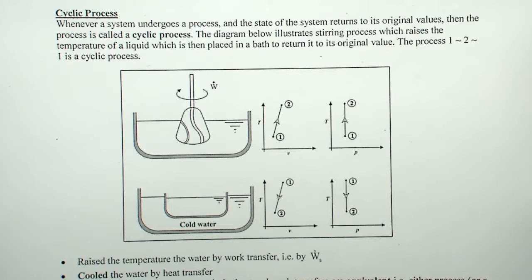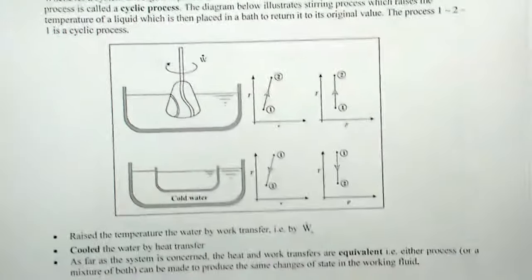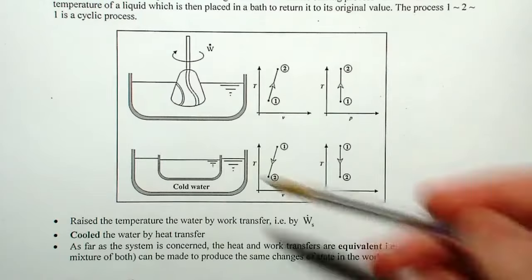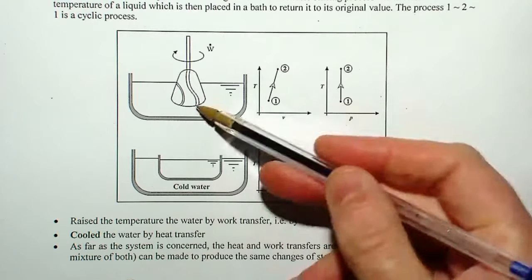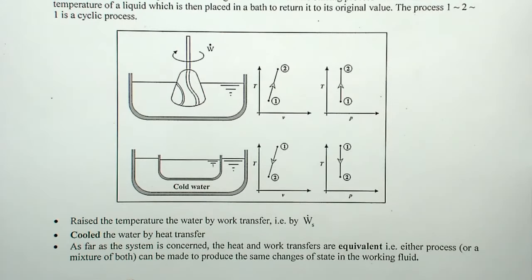But a simple idealistic cycle is like this. Let's just say we have a tank and we have a fluid, just water. And you start introducing some mechanical work in this tank, for example, you start stirring it using a propeller or something.